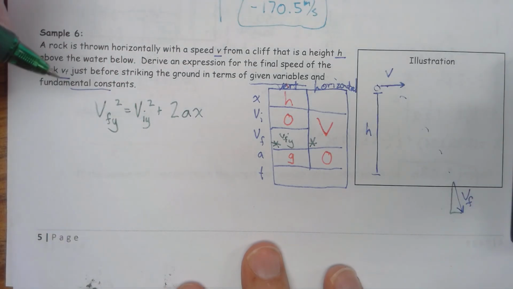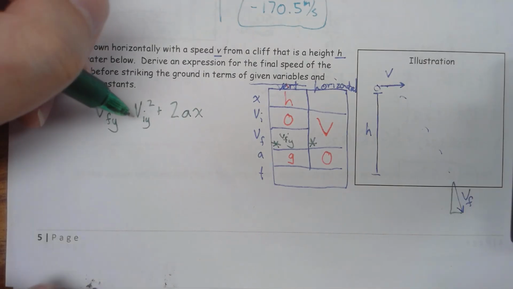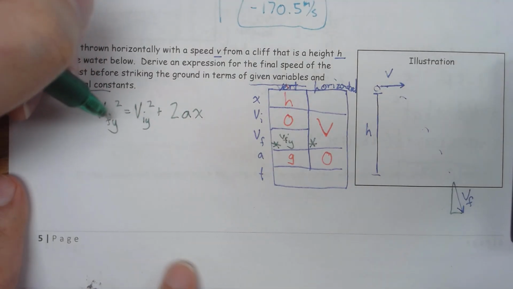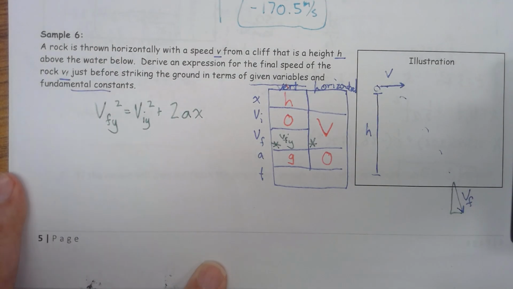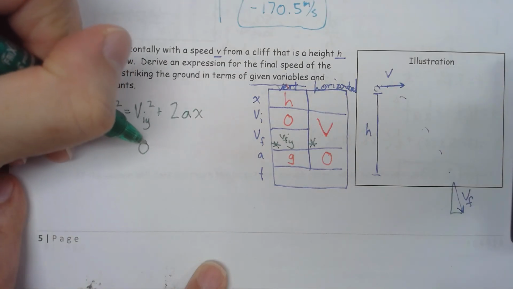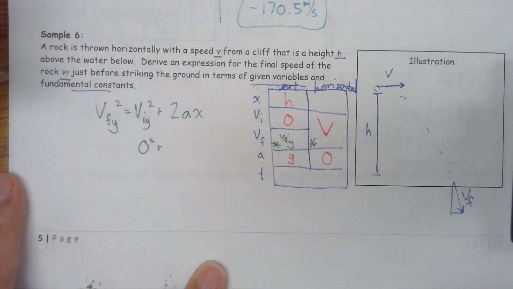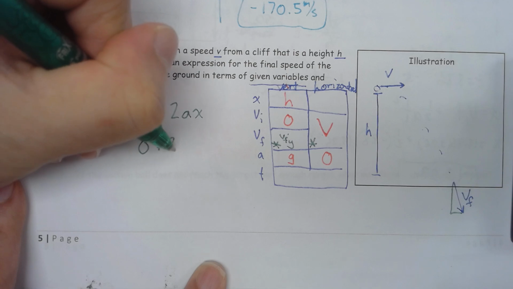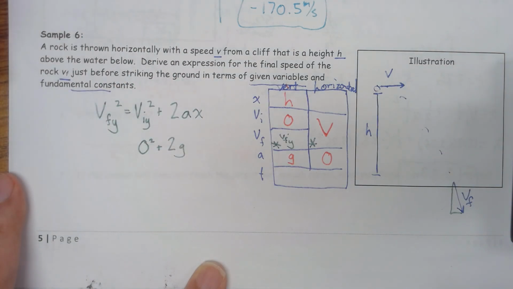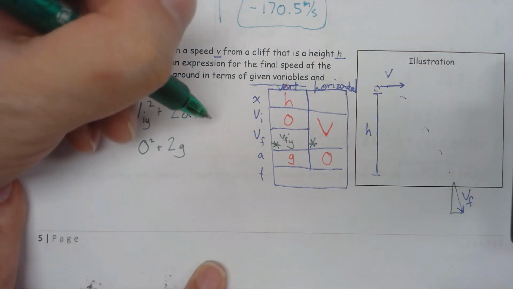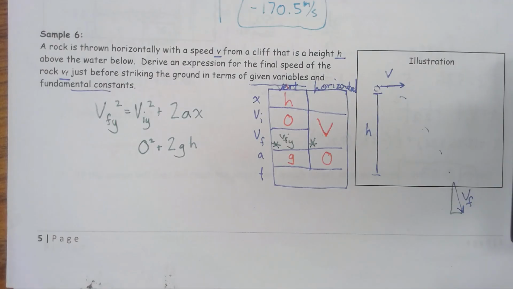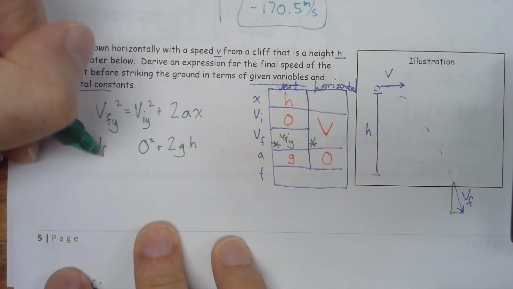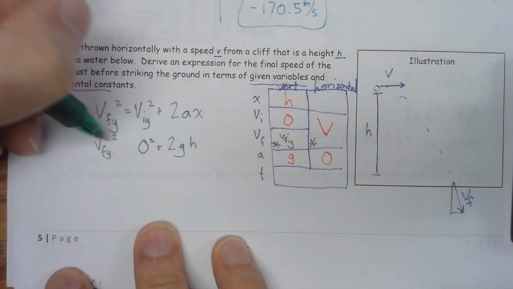is equal to... VIY in the Y direction. They correspond. X and Y are breaking my brain. I'm trying to plug in 0 here. That's what I needed that 0 for. 2 times G times H. VFY squared.